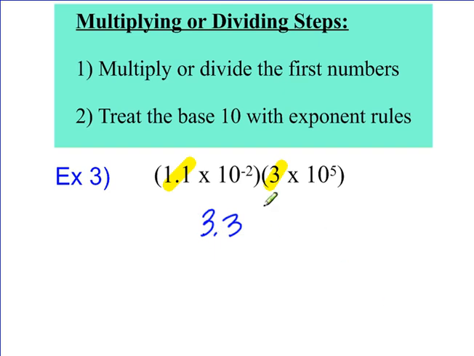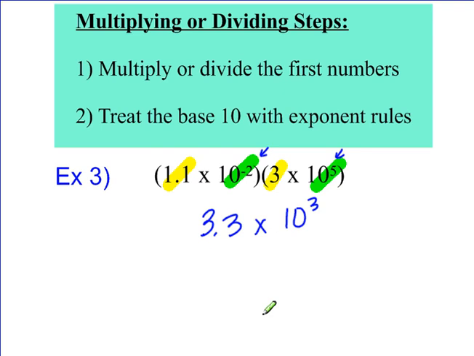We're going to look at 10 to the negative 2 and 10 to the 5th. Remember, when our bases are the same, we add the exponents. So negative 2 and positive 5 give positive 3. So this is going to become times 10 to the 3rd power. Since this is already in correct scientific notation, we don't have to worry about it going any further.